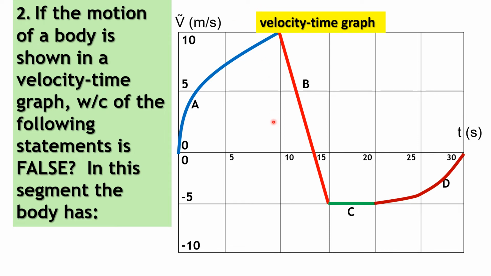To get the direction of the acceleration, we just check what sign will come out if we divide delta V over delta T. Getting the delta V is subtracting the initial velocity from the final velocity. Supposing here is the point in the graph that corresponds to the final velocity, which is positive 10 meters per second.